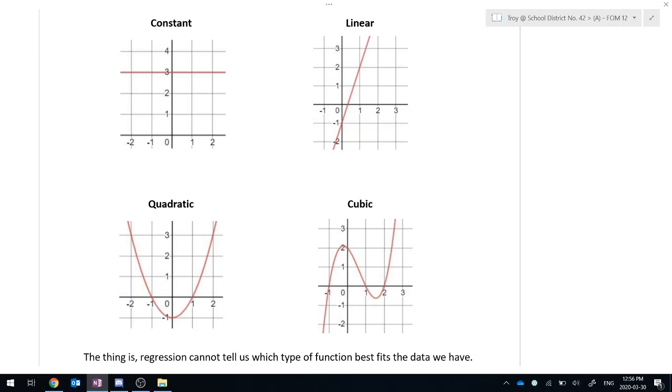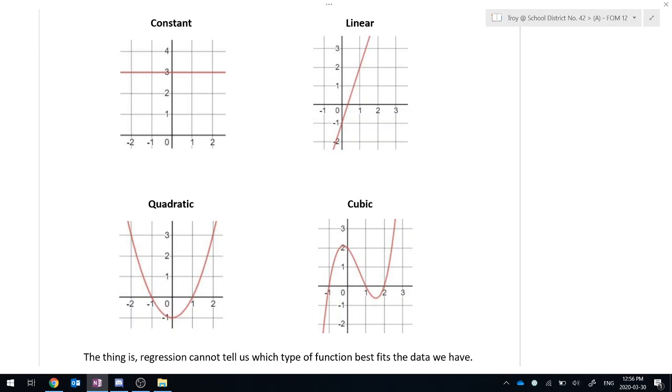Desmos is not capable of doing that. I'm sure there's some other, more powerful software out there that would be able to do that, but Desmos can't. So it's up to us to determine, given a set of data, which model, which function, which pattern, which line we want to use. We're familiar with the shapes at this point, so that's something we should reasonably be able to do.